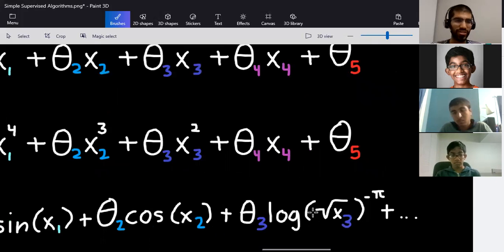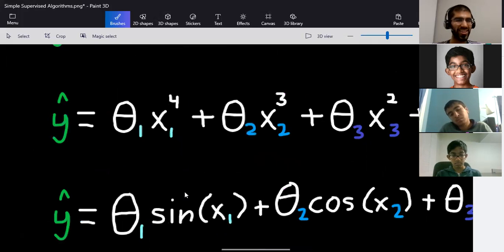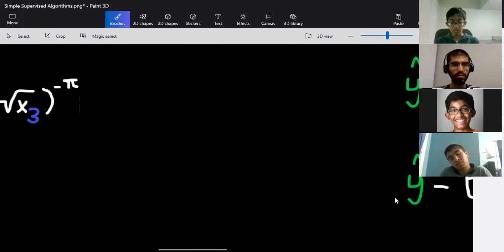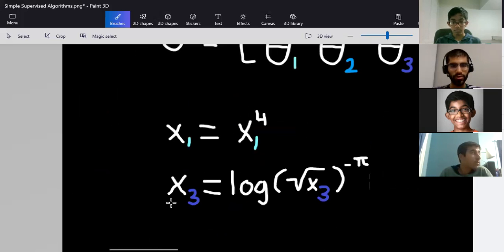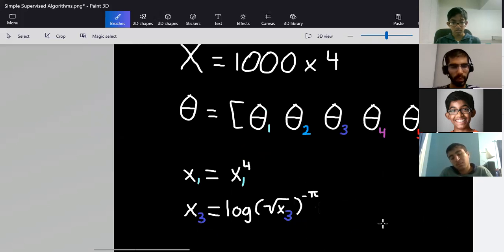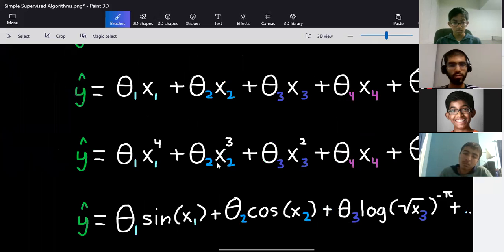You could do that if you wanted to. I wouldn't recommend it. It doesn't seem like a good idea. But it would be the same principle. So you would take x3 and replace it with the feature you want computationally. And you would do this beforehand. That's how you might implement something like this if you wanted to.